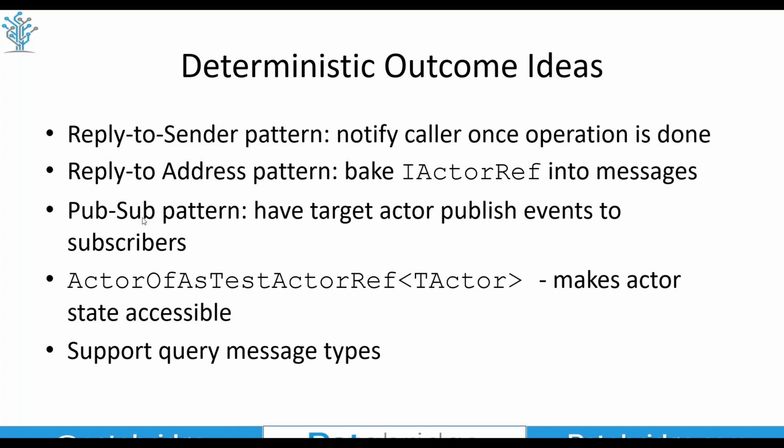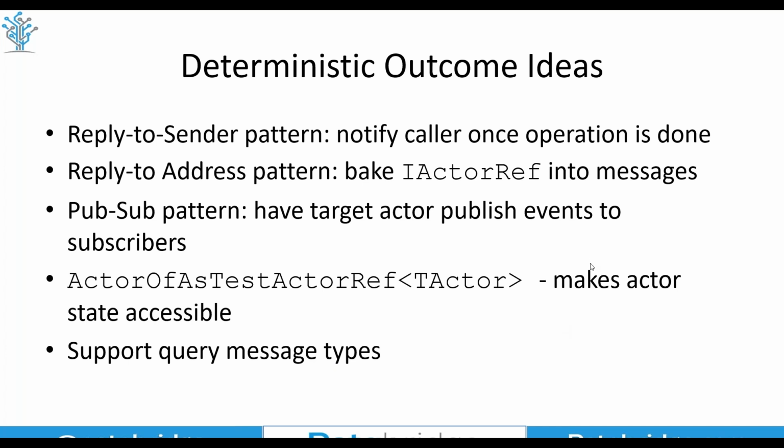That'd be probably the most deterministic way of doing it. But the other way you could do it is basically poll the actor who is itself polling using query message types. That's another technique you could use to try to make this as deterministic as possible. Pub/sub is better, but in the event that that won't work for whatever reason, query types work pretty well too. So these are some examples of how to add determinism to your tests.